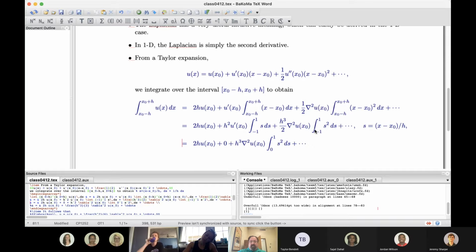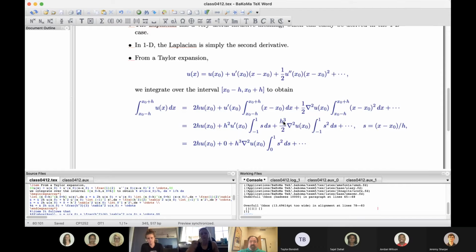And also for this one, if I have an even function, like an even power of s integrated from -1 to 1, that's the same as integrating from 0 to 1 and then doubling it. So I get a factor of 2 here that cancels the 1/2 down here.